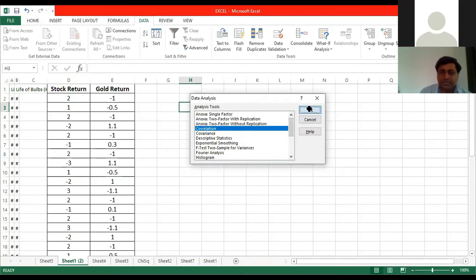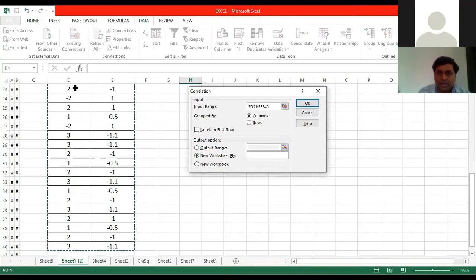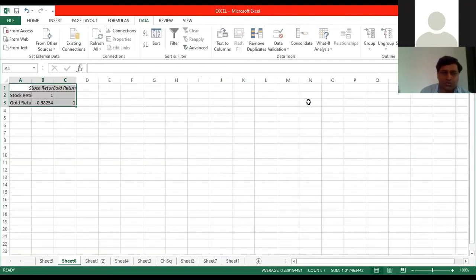This new window will come. You have to give the entire range. So this input range has been picked up. Labels are in the first row, so I'll click on this, and then New Worksheet Ply. I'll say that the output should be in a new sheet. All right, so this is your output.